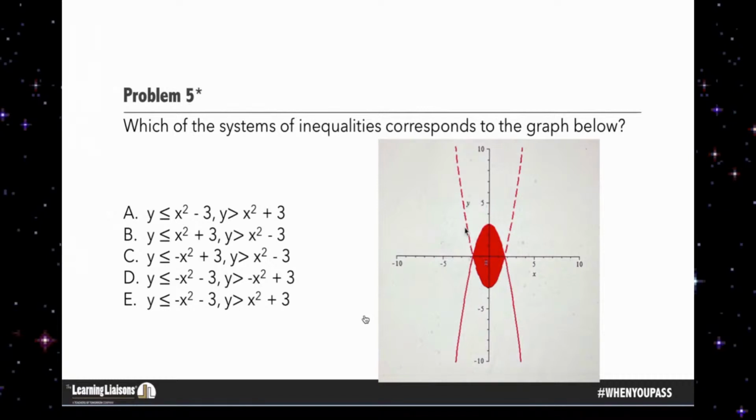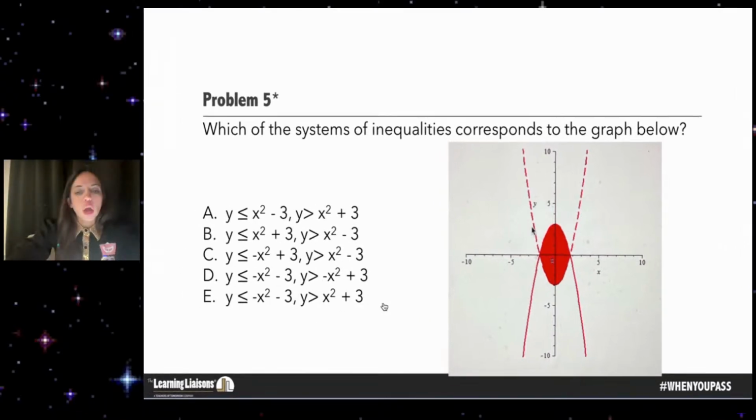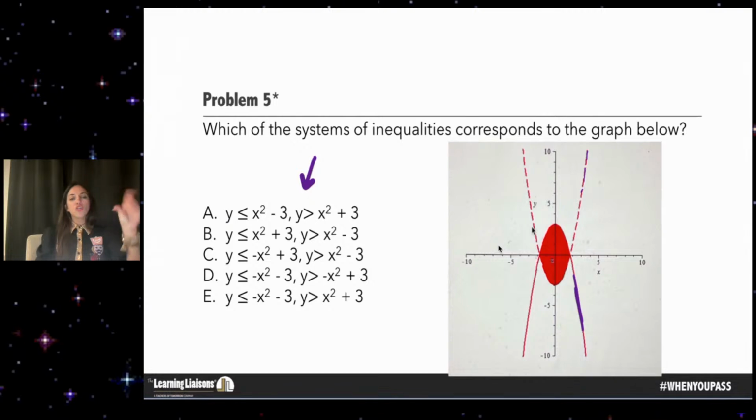Which of these systems of inequalities corresponds to the graph below? So anytime I have a problem like this and I see a solid line and I see a dotted line, I'm going to immediately go to my answer choices and cross off any answer choices that don't have a greater than or equal to or a less than or equal to mixed with a greater than or less than.